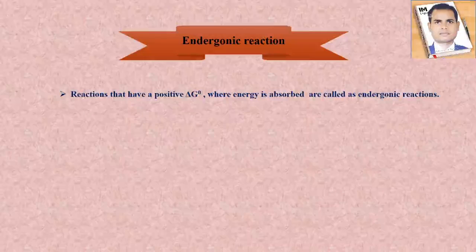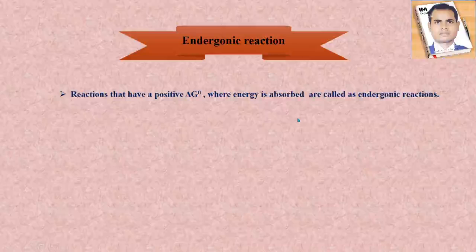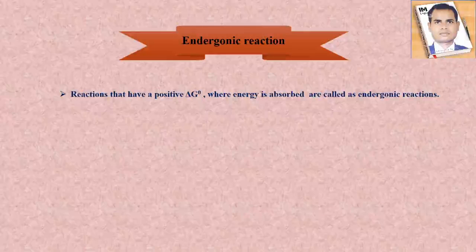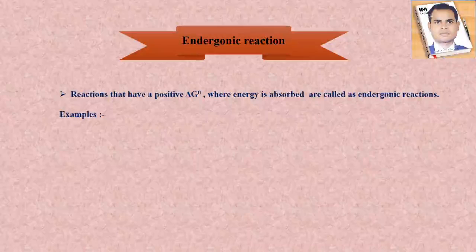A reaction that has a positive delta G0, where energy is absorbed, is called an endergonic reaction. Such reactions require energy to be carried out, and there is a positive sign for delta G0.